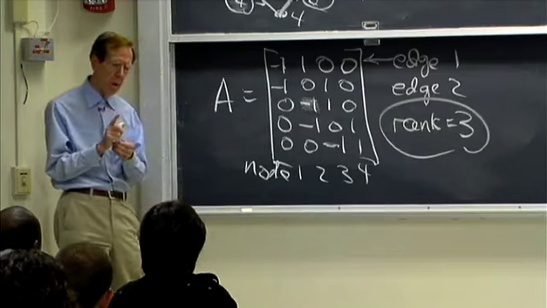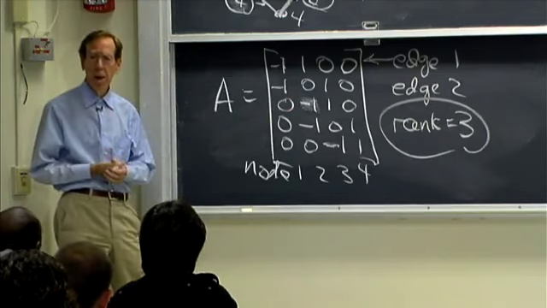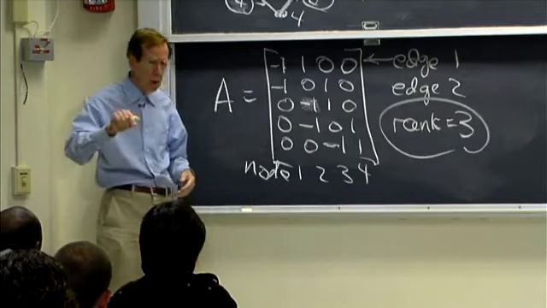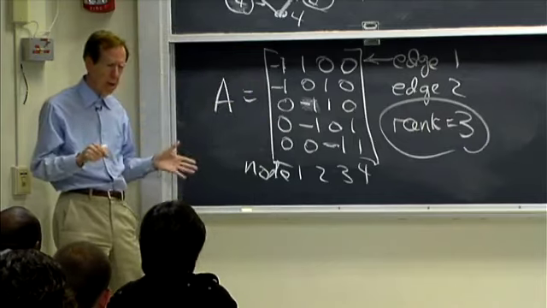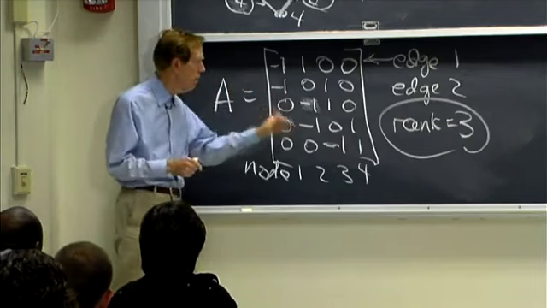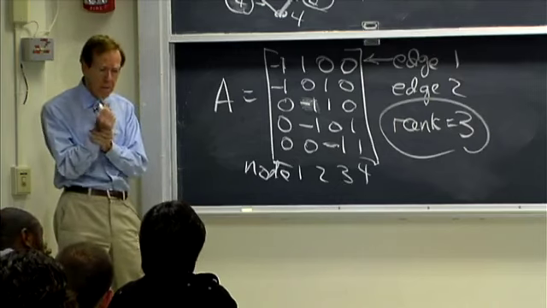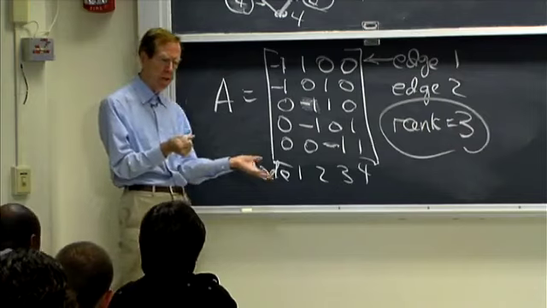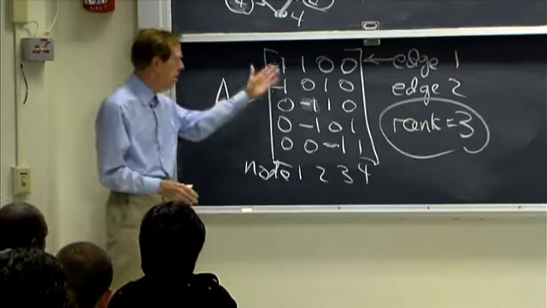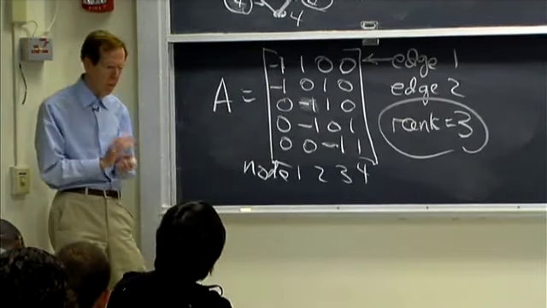But now, are those 5 rows independent? Are they pointing in different directions, or could any combination give the 0 vector in 4D? Wait a minute. 5 vectors in 4-dimensional space? Dependent, of course. They couldn't be 5 independent vectors in 4D.